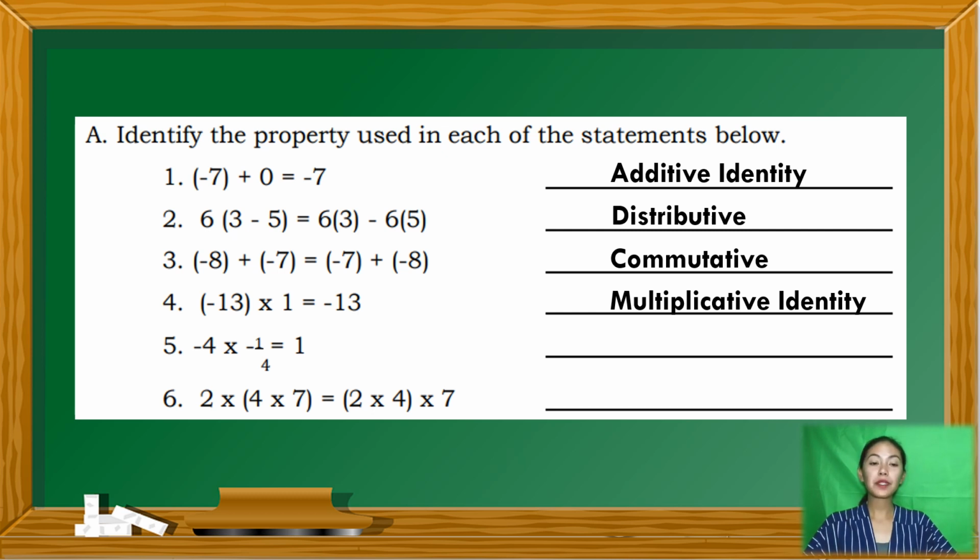Negative 4 times negative 1/4 is equal to 1. What is its property? Now we find the reciprocal of negative 4. So this is multiplicative inverse. Okay, number 6. 2 times the quantity 4 times 7 is equal to the quantity 2 times 4 times 7. So this is associative property.